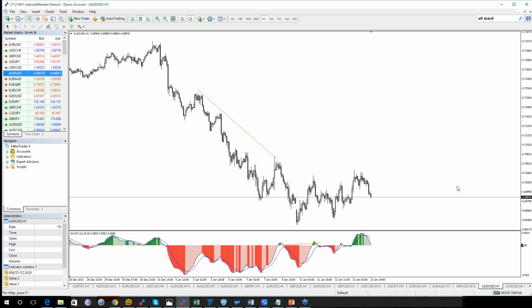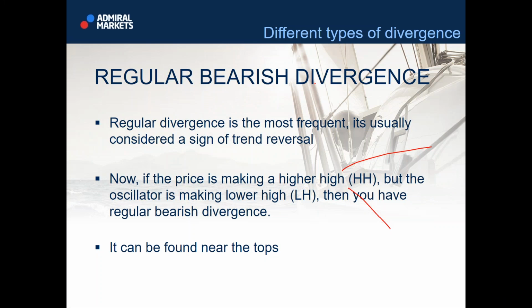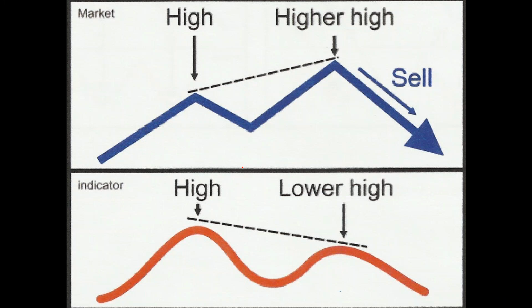Very important to practice. You see here, there is no divergence here, because both the price and the oscillator are moving in the same direction. No divergence here. Okay? So this is a regular divergence again. And it's easy. You just need to watch for this at the top.